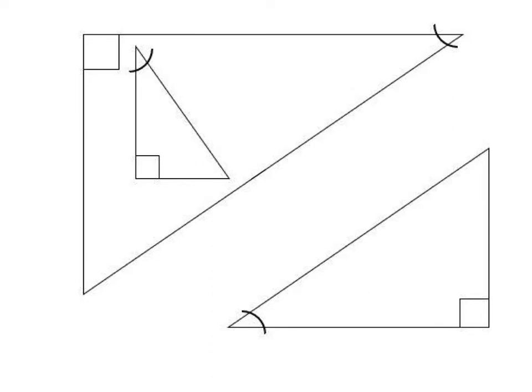So for the big triangle, the hypotenuse is 25 centimeters. And the short leg is 14.4 centimeters. And the long leg is 20.6 centimeters.